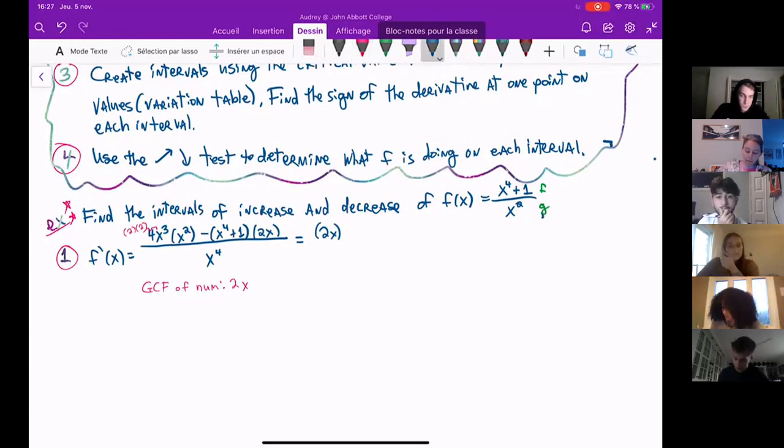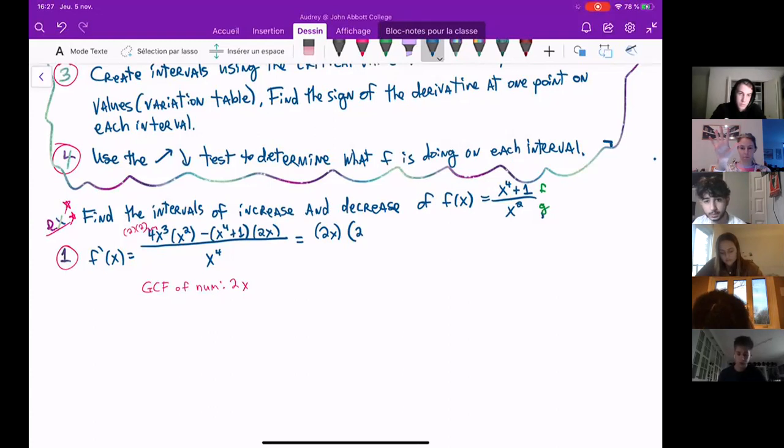What's left over in my first term when I factor out the 2x? 2x squared. No. I have a 2 left, and then I have an x cubed and an x squared. So how many x's do I have there? 5. How many did I take away? 1. So I took away 1, which means I have 4 left over.